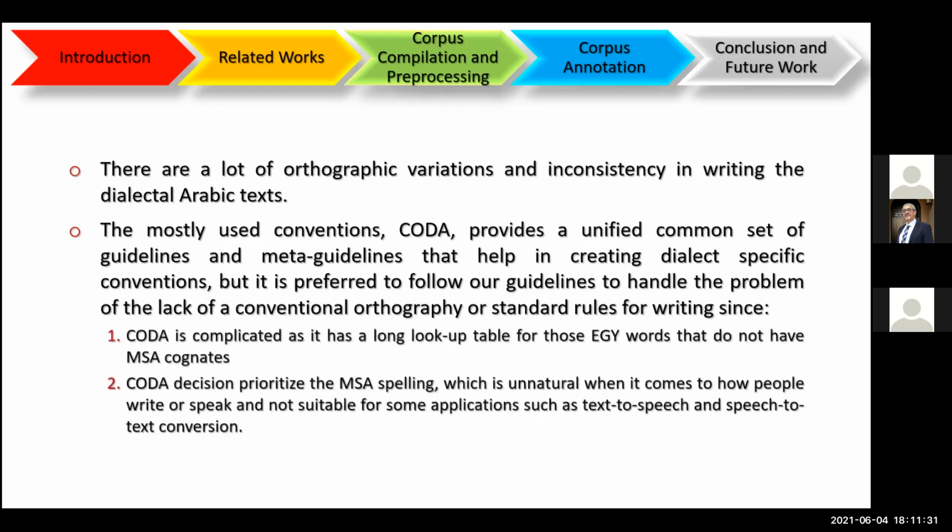CODA is complicated, as it has a long lookup table for those EG words that don't have MSA cognates. In addition, CODA decisions prioritize the MSA spelling, which is unnatural when it comes to how people write or speak, and not suitable for some applications such as text-to-speech or speech-to-text conversion.